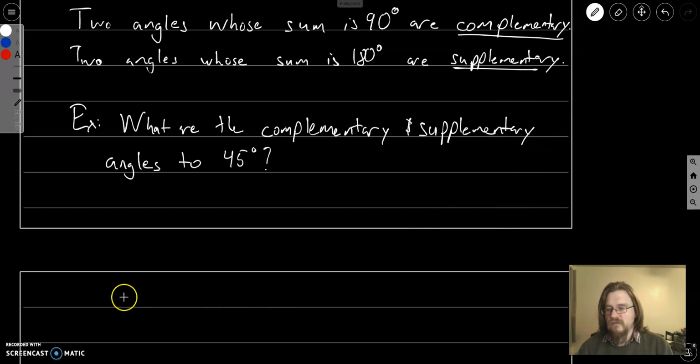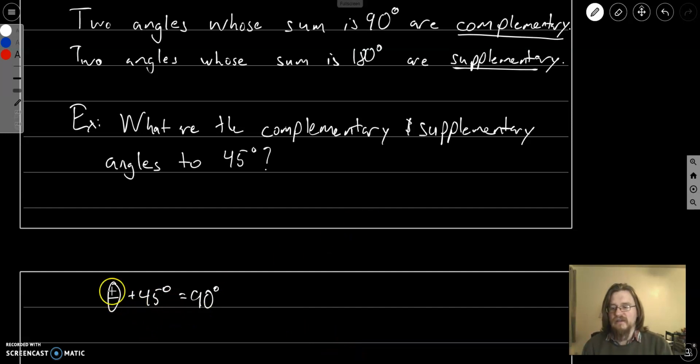So we can think, okay, the complementary angle to 45 degrees is whatever angle I would add to 45 degrees to get 90. So let's say that my angle is theta, and it's going to be complementary to 45 degrees. That means that if I take theta and I add 45 to it, I should get 90.